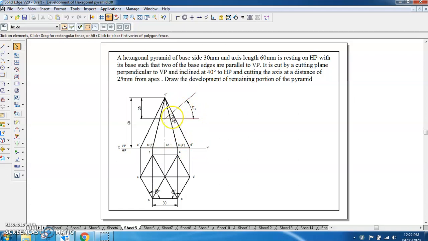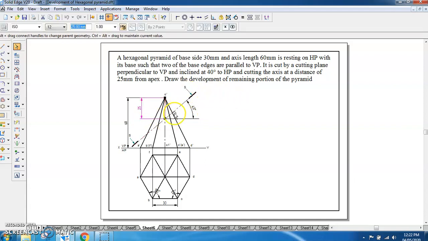Once I do this, I can extend this line further to get the complete cutting plane like this, and I can show the cutting plane with its representation as arrow and the name as SS. So once you place this cutting plane which is perpendicular to VP and inclined at 40 degrees to HP and cutting the axis at a distance of 25 mm, that we have followed.